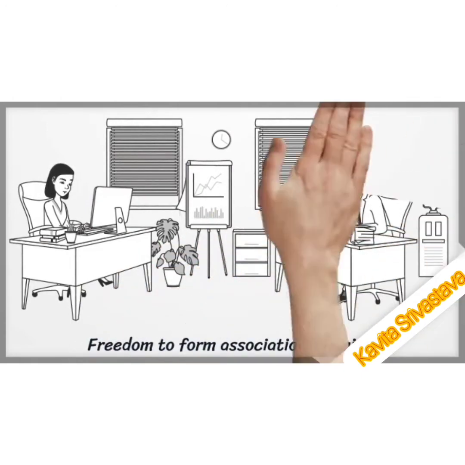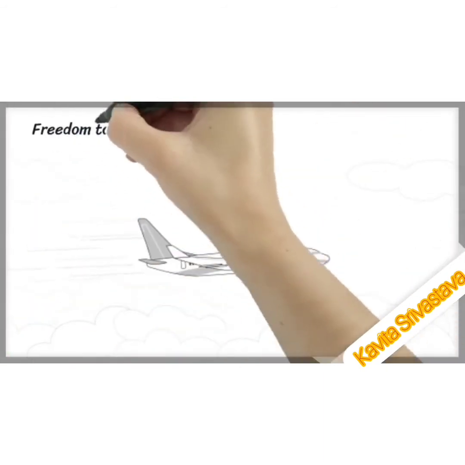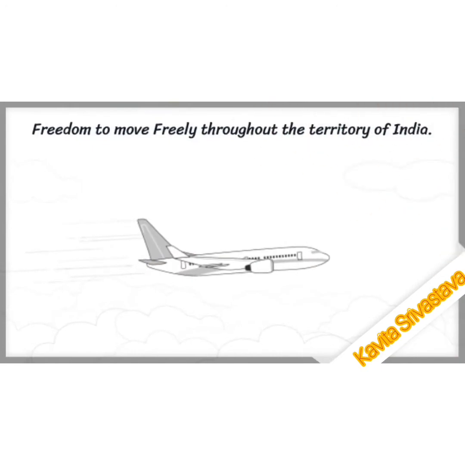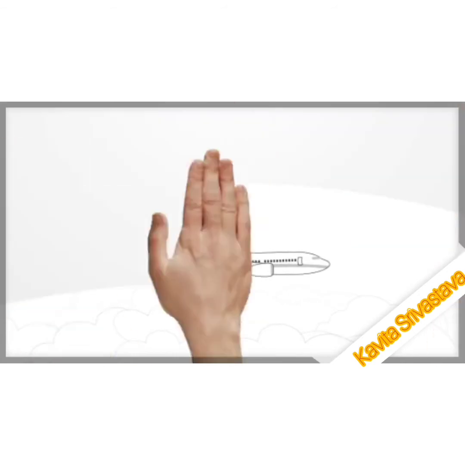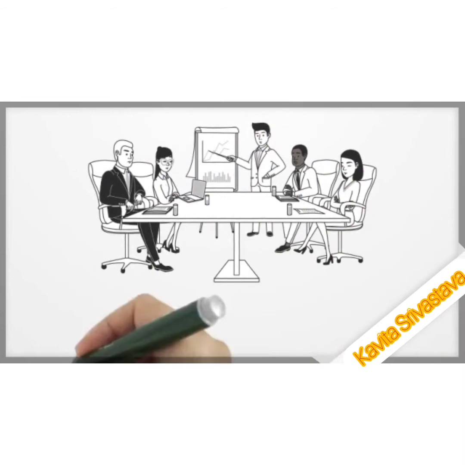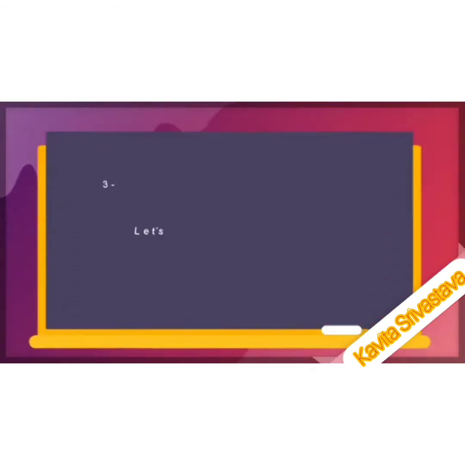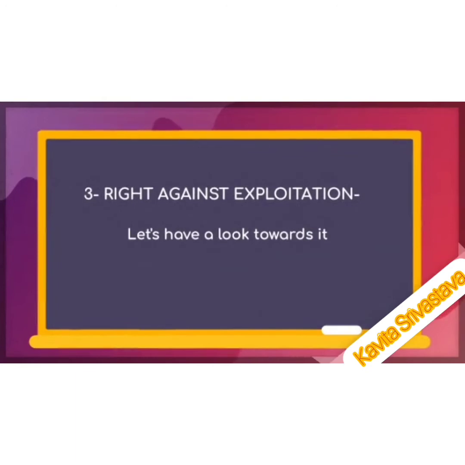Freedom to move freely throughout the territory of India, means anywhere in India you can move freely without any restrictions. Freedom to live or settle in any part of India. Freedom to practice any profession, trade or business of your own choice. So these are the certain rights to freedom given to all the citizens of India.